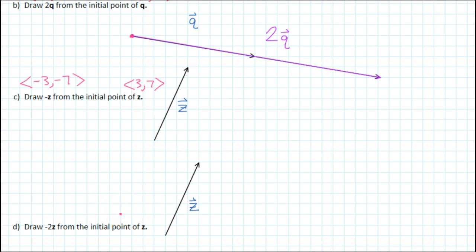I'm going to use my draw vector tool to draw from the initial point to the terminal point. So here is negative z drawn in purple.